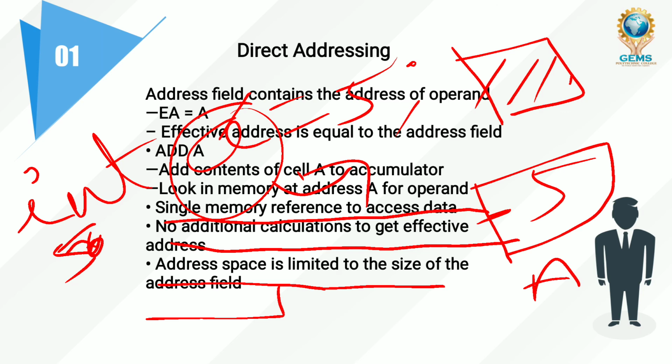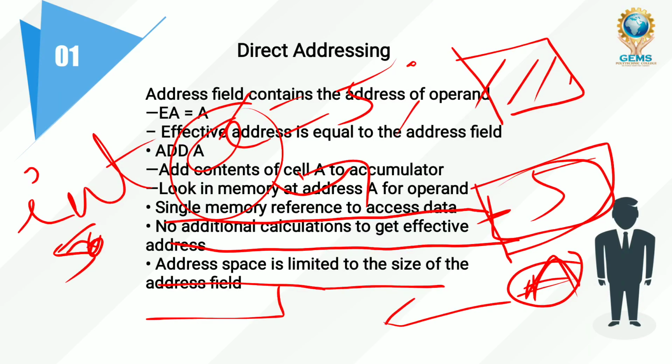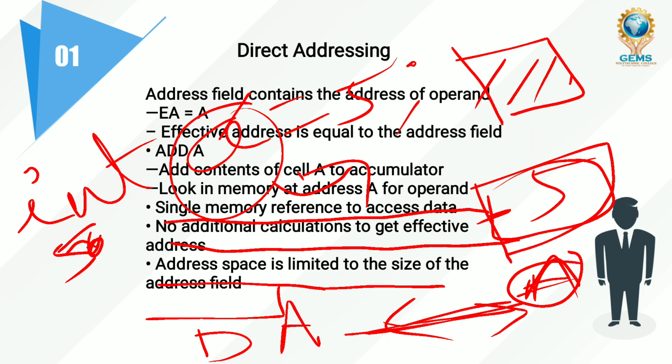Now listen, how it will be stored in the computer. This is the memory, this is the 5, and the address of this location is A. Now what is direct address? A direct address contains the operand. What is the operand here? A is the operand, and the direct address points to this operand, showing the address where the 5 will be available.